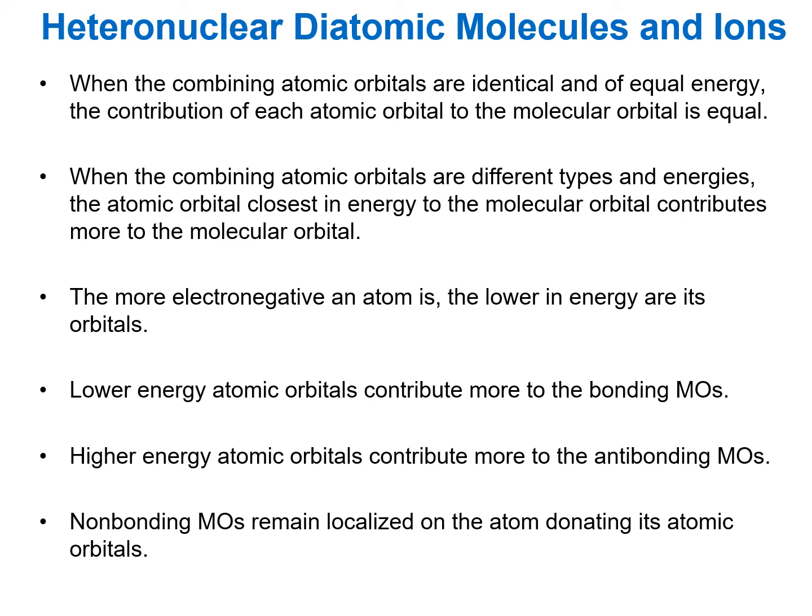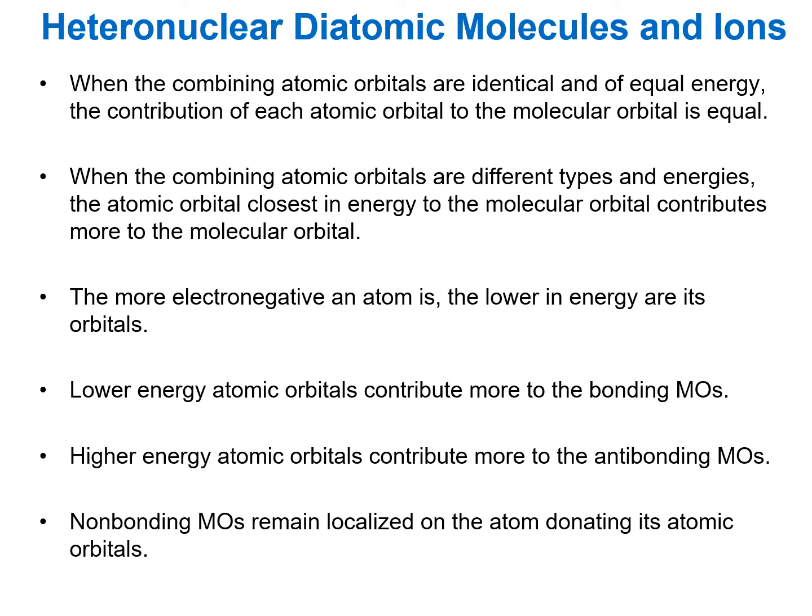Here's an interesting rule. The more electronegative an atom is, the lower in energy are its orbitals. So that's now starting to give us a little bit of explanation to the second bullet. How can we make a determination about who is the higher energy and who is the lower energy contributor? Lower energy atomic orbitals contribute more to the bonding molecular orbitals because they're lower energy.